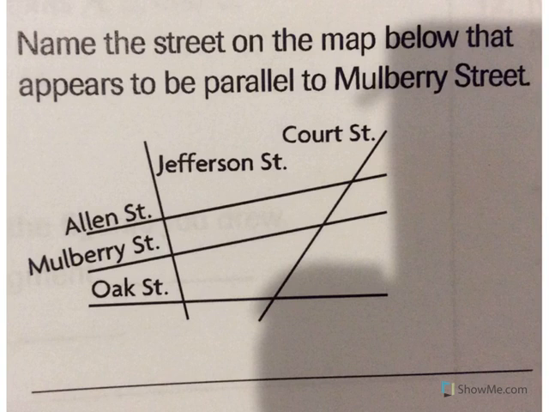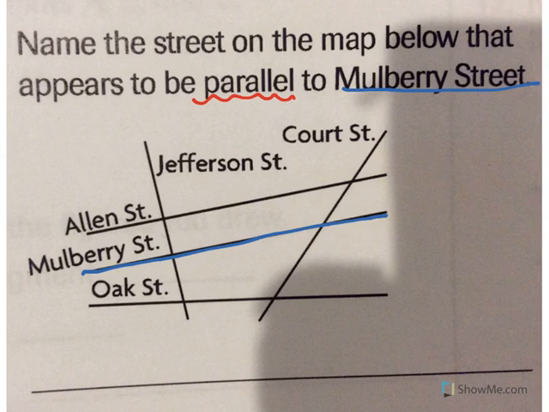All right, now we're going to do some challenges. So we're looking at a map of a street. Name the street on the map below that appears to be parallel to Mulberry Street. Write it on your marker board. Well, here we see Mulberry Street. Parallel lines never ever intersect.